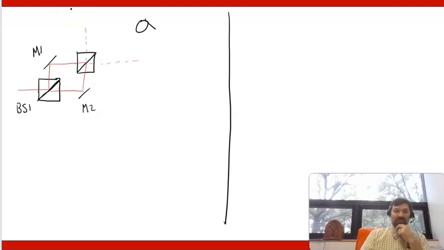You have an actual splitter like this, and reflection and transmission is happening off of this back face. So if it's reflecting off of this, you're going from low to high. If it's reflecting off of this from this direction, you're going from high to low, and that introduces extra phase shift.